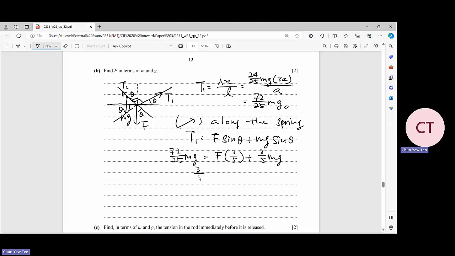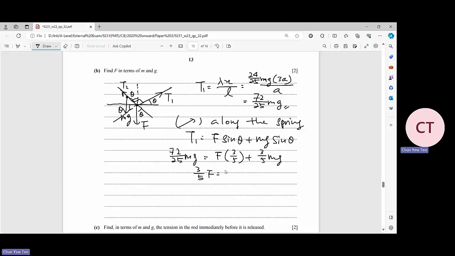So your 3 over 5 F is equal to 72 over 25 minus 3 over 5.